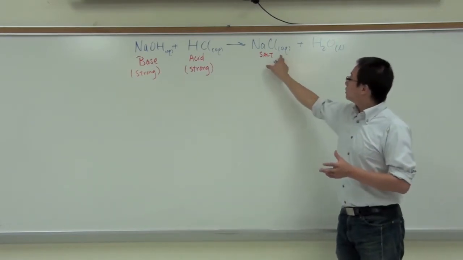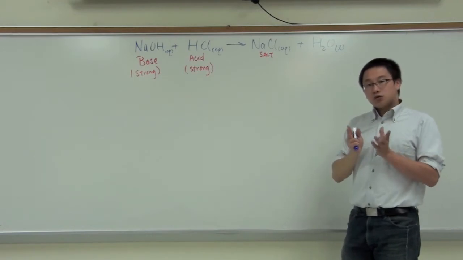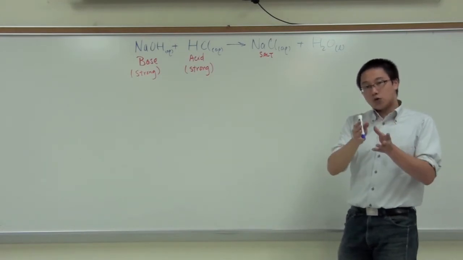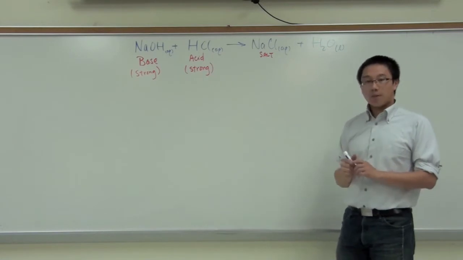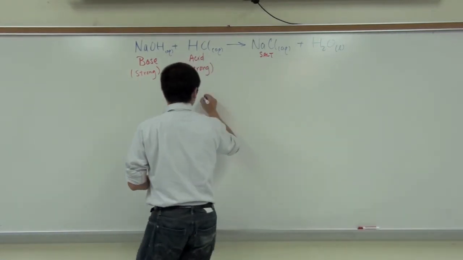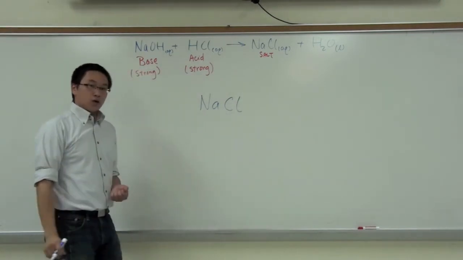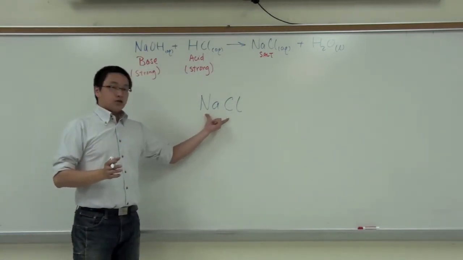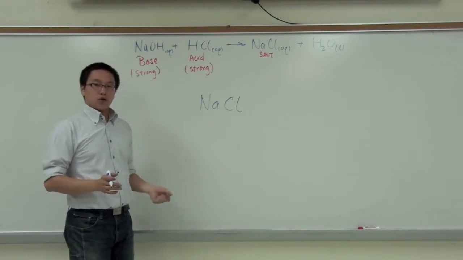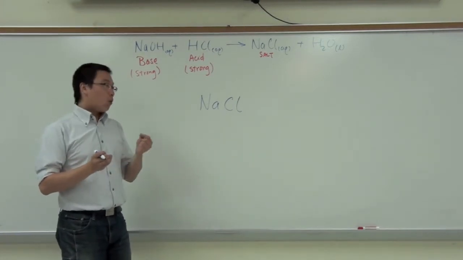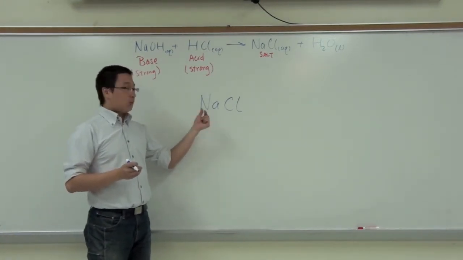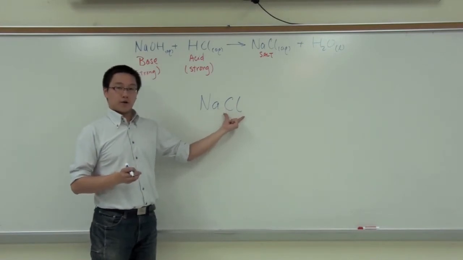When we look at the salt here, I want you to dissect the salt and show you what we can learn from this compound. So when we look at NaCl, sodium chloride, we would like to find out where the sodium ion comes from and where the chloride ion comes from.